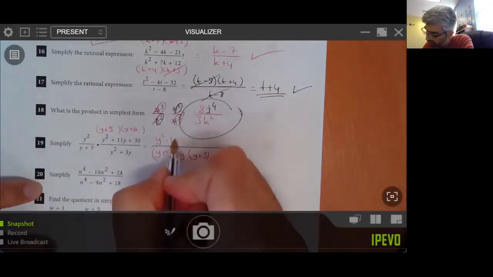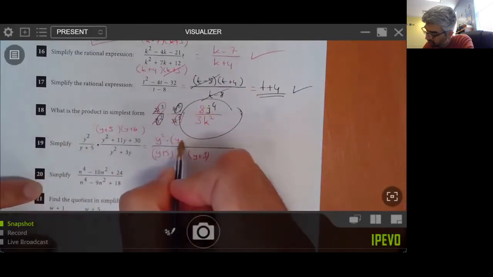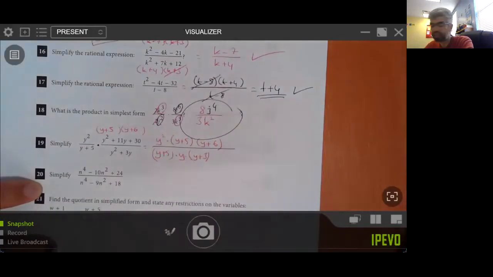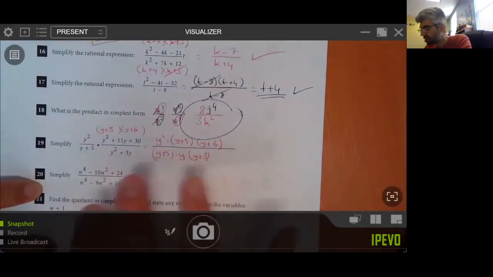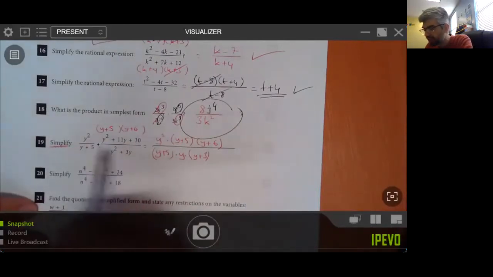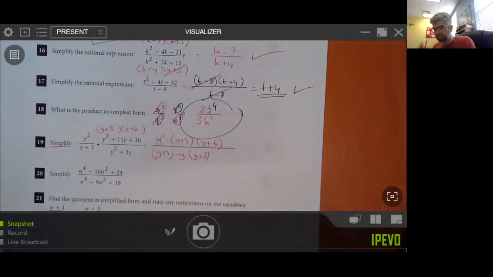So I have y squared, it comes from the first fraction, y plus 5 times y plus 6. Now I have all the factors. Attention, it's a simplification question. I don't multiply. I need to split into as many factors as possible, and then I simplify them.